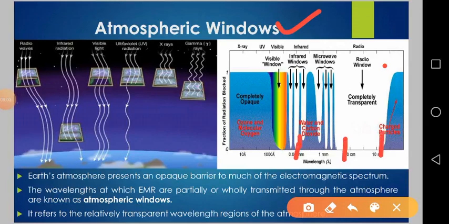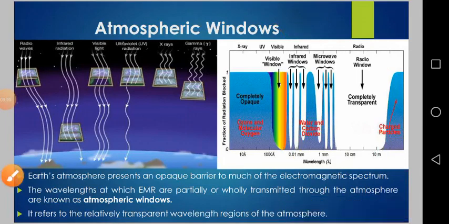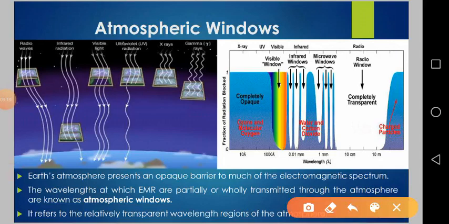For example, radio waves, if you take almost 5 centimeter to greater than 10 meter, or we can take roughly 10 meter.